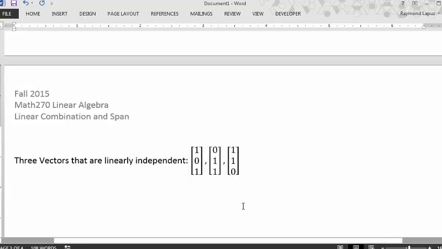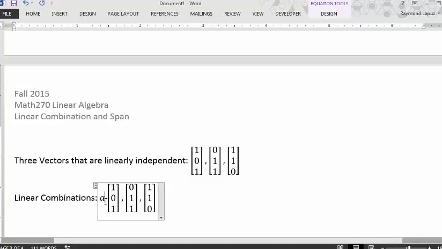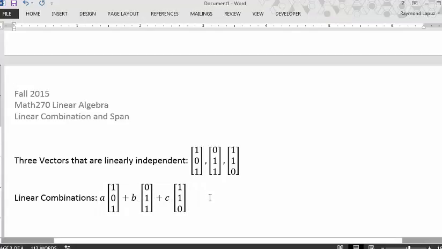Let's see how that would look analytically. Let's first talk about linear combinations. The linear combination of three vectors is going to be the sum of those three vectors being scalar multiplied and added together. So we can say that the linear combination of these three vectors looks like this.